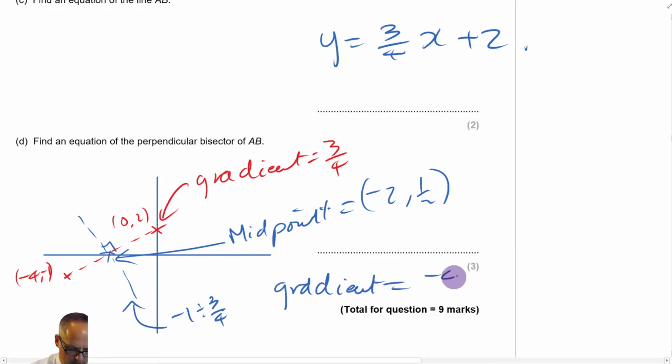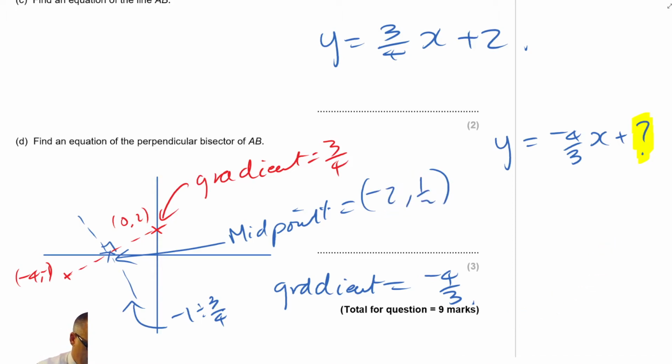equal to -4/3. Now we want to find out where this blue line is going to cross the y-axis. It's going to be down here somewhere. So we know that y equals -4/3 x plus something, and we want to find out our something. Now we know it goes through the point (-2, 0.5).